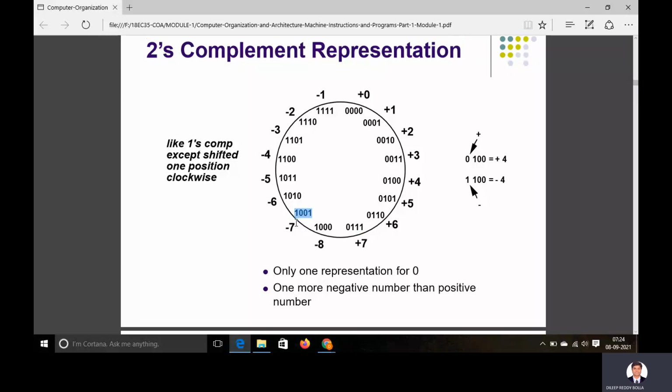Now we add plus 1 to it and it becomes the two's complement number. That's why it becomes 1001. Similarly, take 6, 0110 we have here. You do the one's complement of it. It becomes 1001.